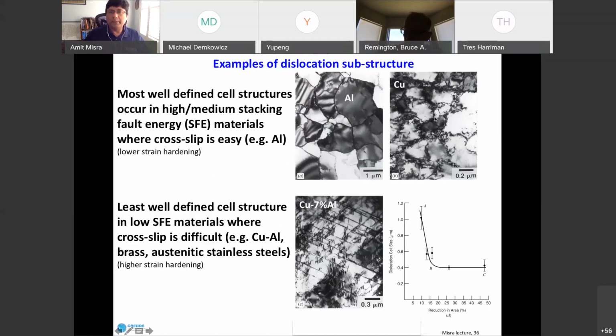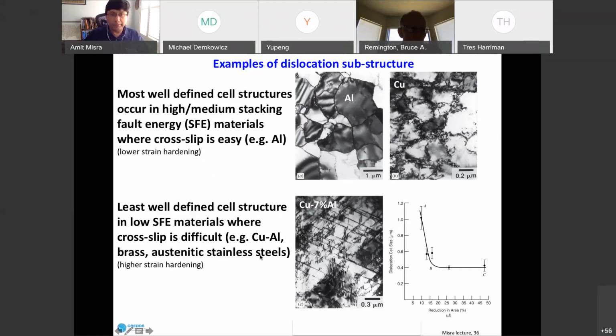Copper and nickel are intermediate. You'll see, in this case, a cell wall structure forming, but it hasn't formed a clean subgrain structure like in aluminum. On the other hand, the least well-defined cell structures form in low stacking fault energy metals, such as brass, copper-zinc FCC alloys, and austenitic stainless steels.